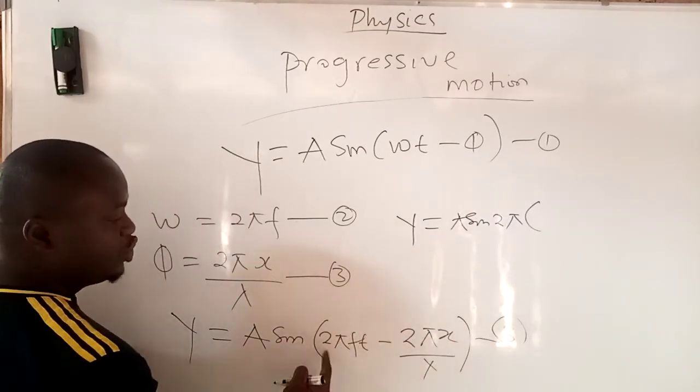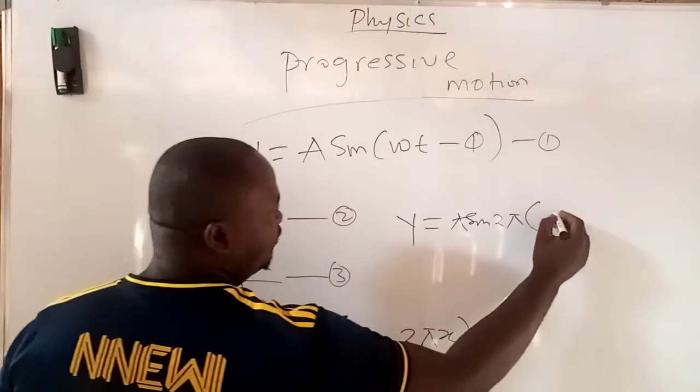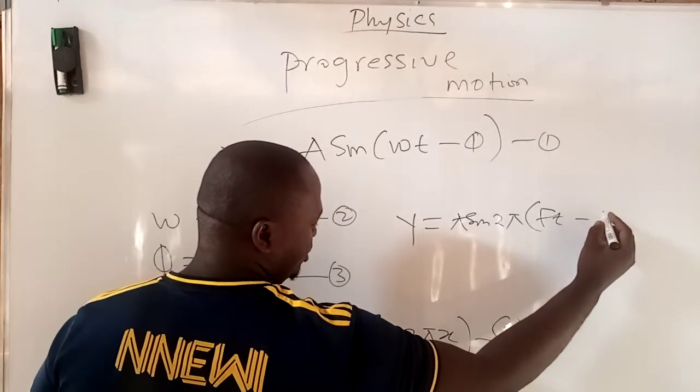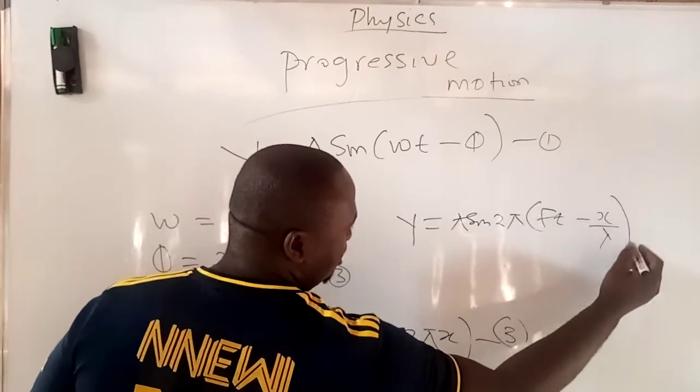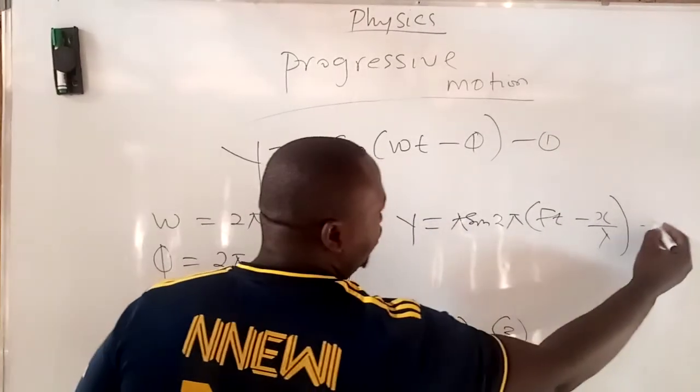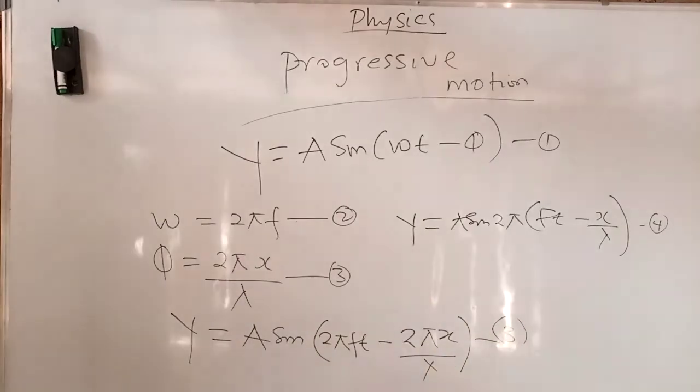So you'll be left with ft minus x all over λ. And I should call this my equation 4. I just removed the 2π from the equation itself, and then we are left with this.